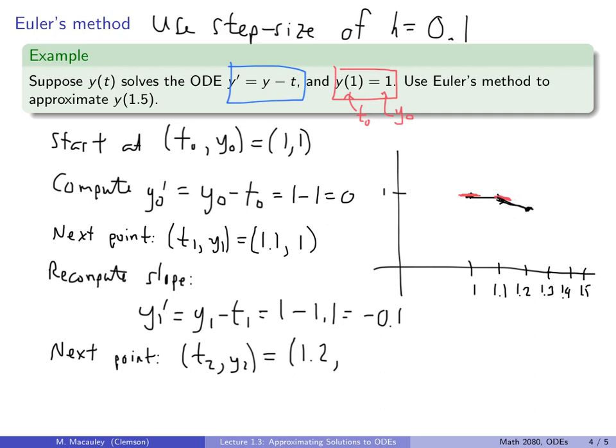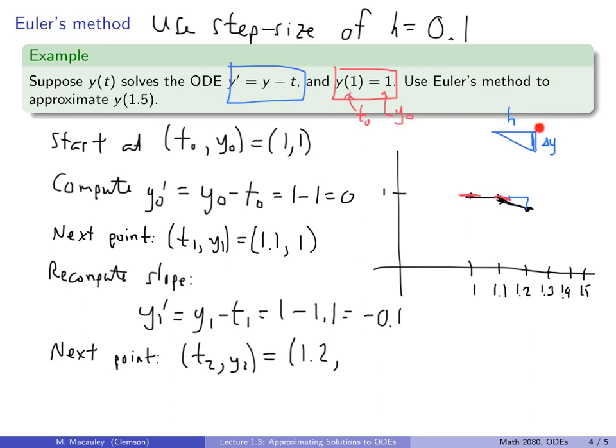That's a little bit trickier. Well, let's see if we can just do some trigonometry. So here's a triangle. Let me draw the triangle a little bigger. And so this is my delta t, or my h, and this is my delta y.